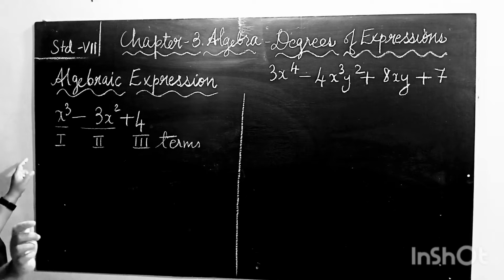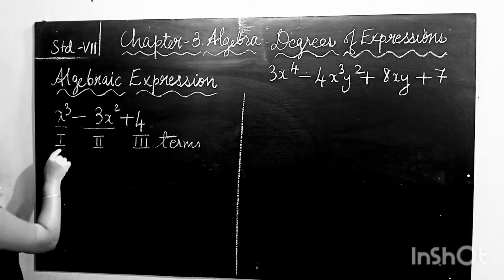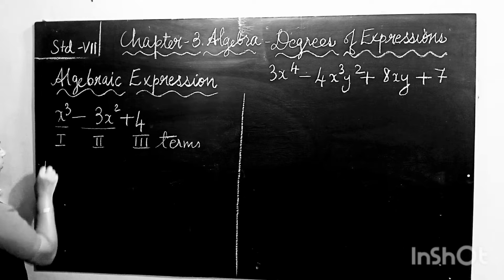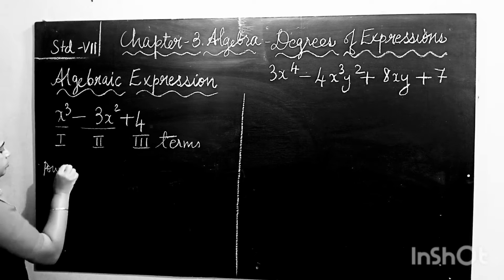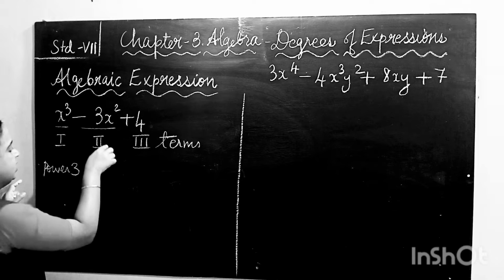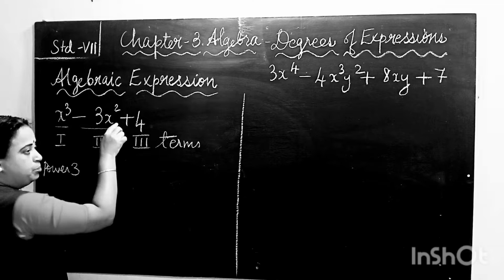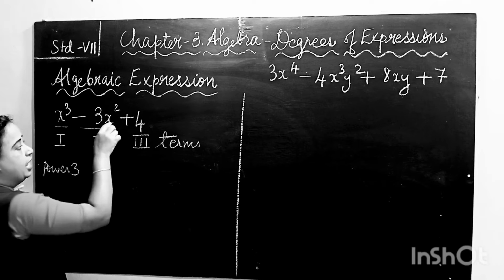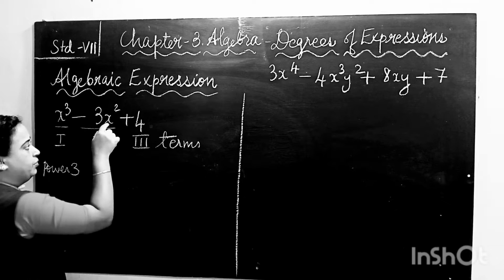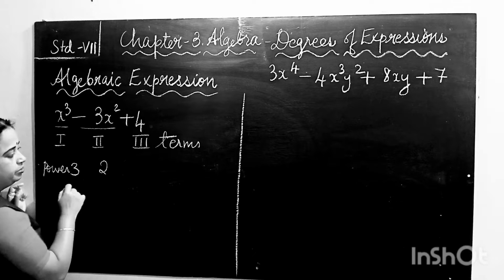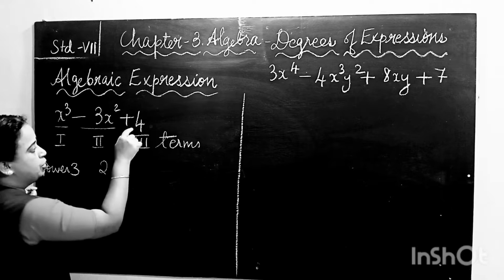Now look into the powers of these terms. In the first term, the power is 3. In the second term, the power is 2, that means the exponent of x squared, so the power of this x variable is 2. Your third term is a constant.